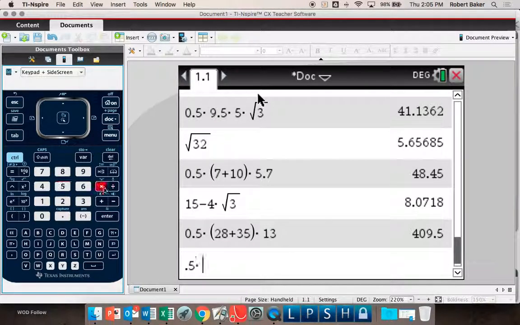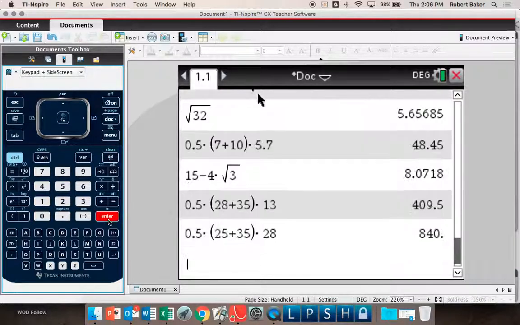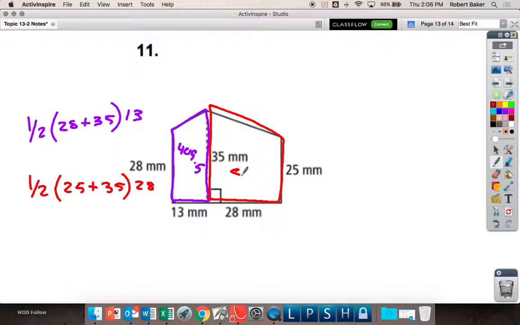One half times the first base plus the second base. I got my parentheses. The first base plus the second base times, what's the height? 48. 28. 840.